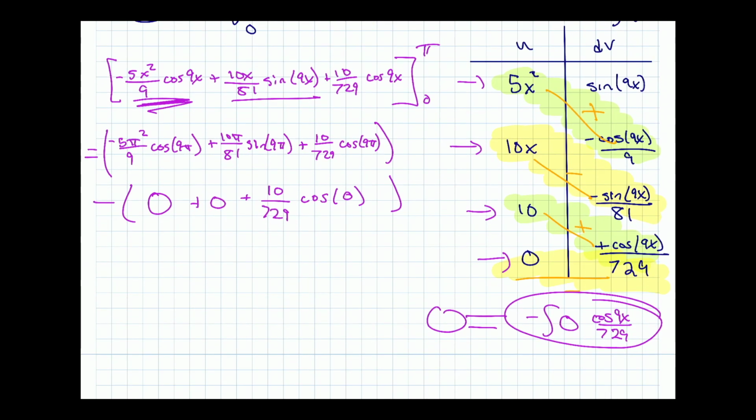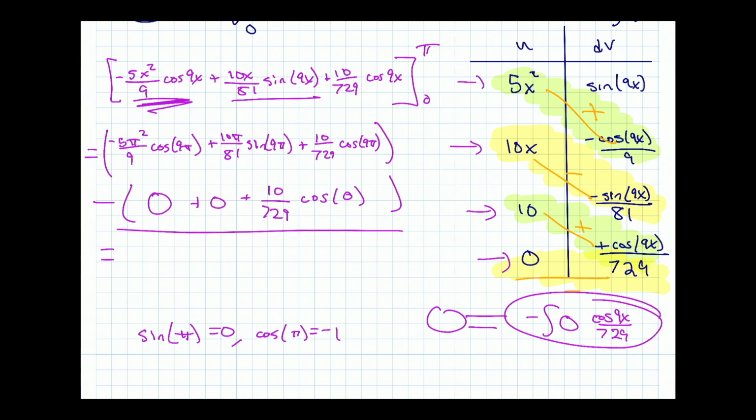Now, just useful facts here, right? Sine of any kind of pi is 0, but cosine of pi or negative pi or anything like that, an odd number of pi basically is negative 1. So that'll help me evaluate this.